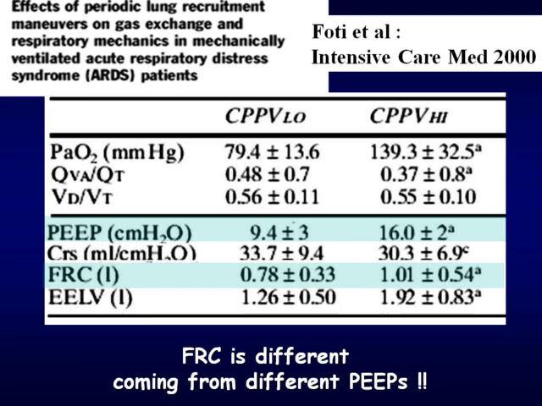Now, it is only 7 centimeters change in PEEP, but the lung volume changes 700 milliliters. Now, if we go back to 0, FRC, end expiratory lung volume at 0, should always be the same. But here, it changes from 0.8 to 1. Why? Because we have recruited 200 milliliters of alveoli.